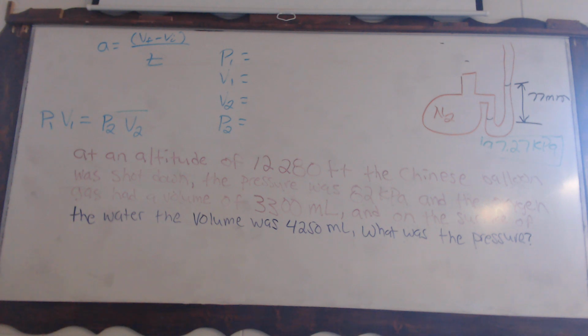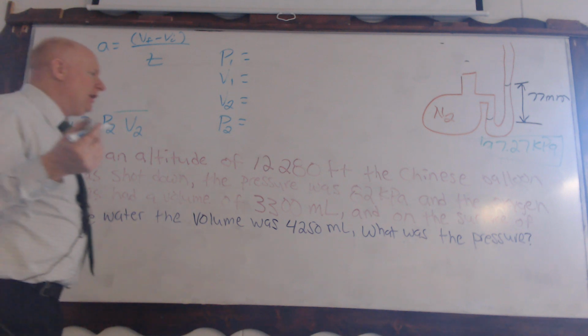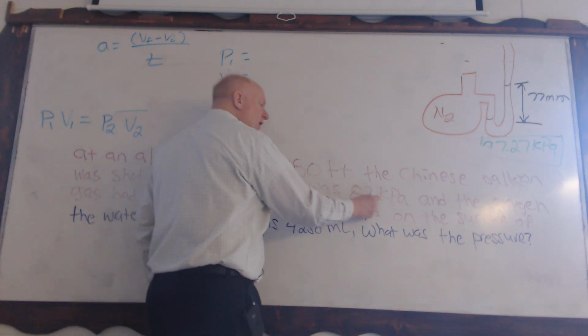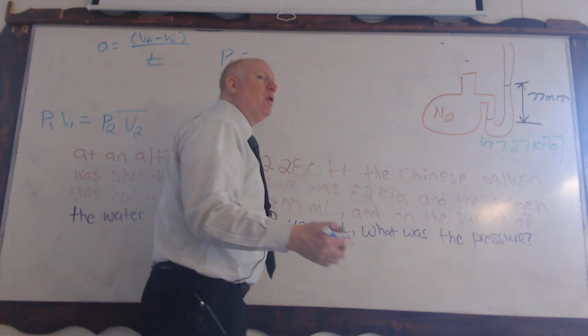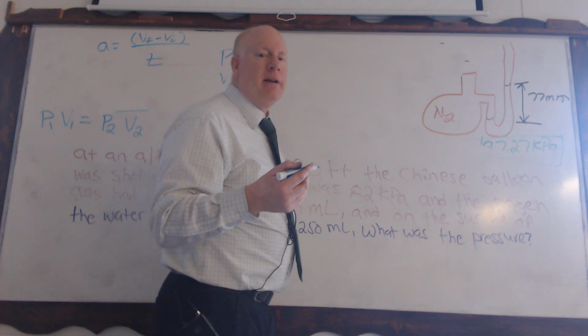You don't have to do a conversion for that. Does anyone think they know why? When you are converting milliliters to liters or vice versa, what are you doing with the decimal? You're just moving it, so you really don't have to do any true conversions. That is completely different than putting this into atmospheres. So how do we do that with our kilopascals?